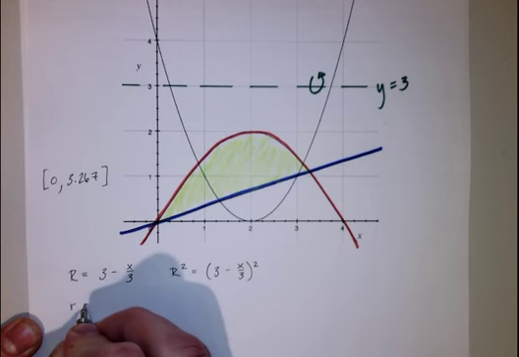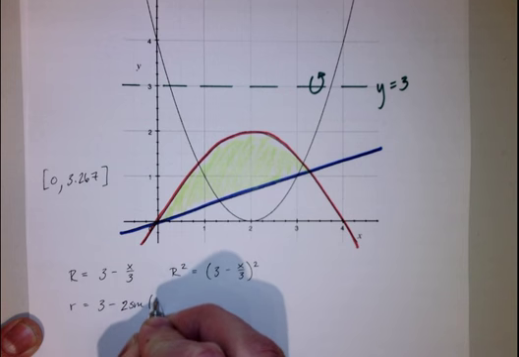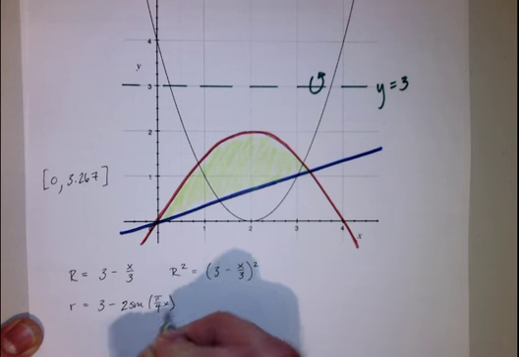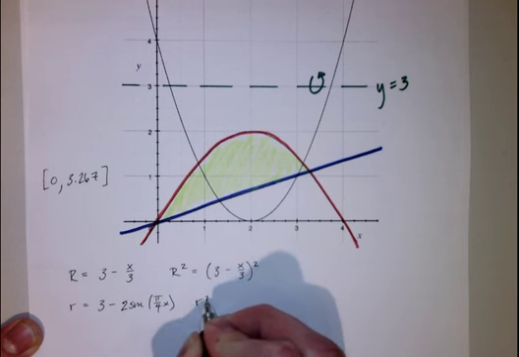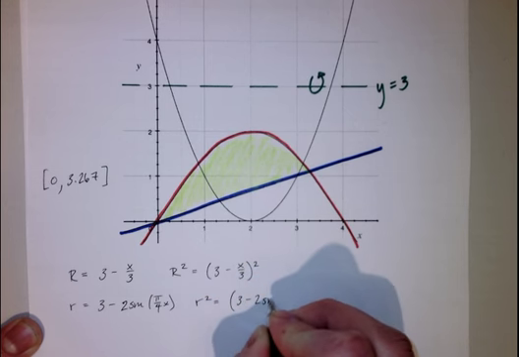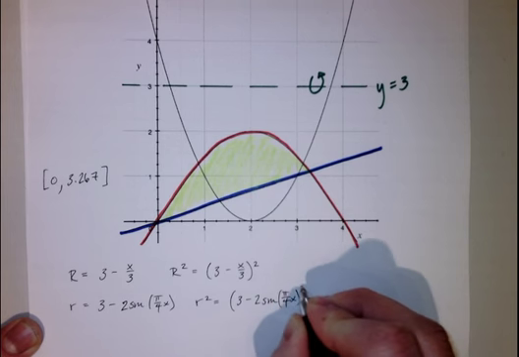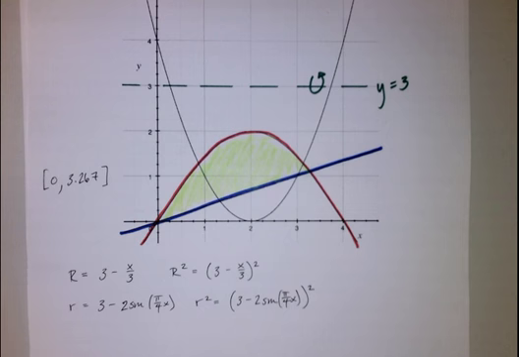Small r is going to be 3 minus 2 sine pi over 4x, and therefore small r squared, and if this isn't just kind of notationally a pain in the rear end, I don't know what is, and that should be it.